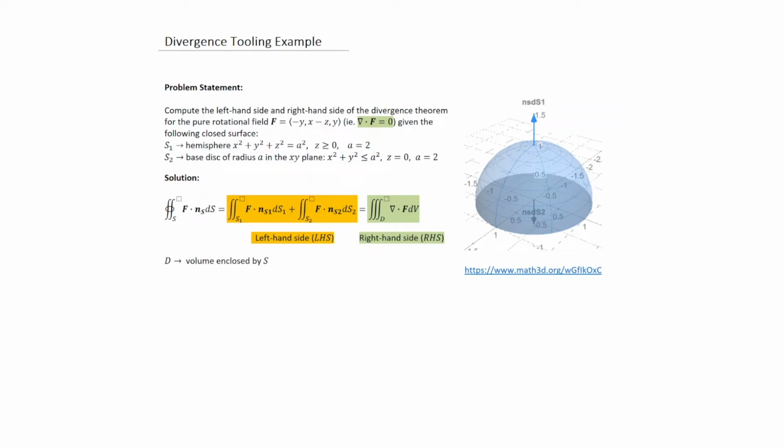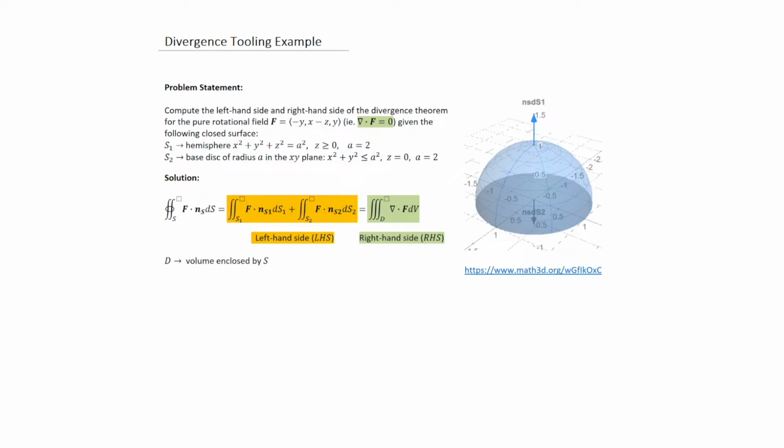We have these two distinct surfaces, which when put together produce a closed surface. What we want to do is compute the closed surface integral of F dot n dS. Given that the surface is not a continuous surface, we have to break it up into two separate surfaces. We'll call that the left-hand side: the flux calculated over the hemisphere plus the flux calculated over the planar disk.